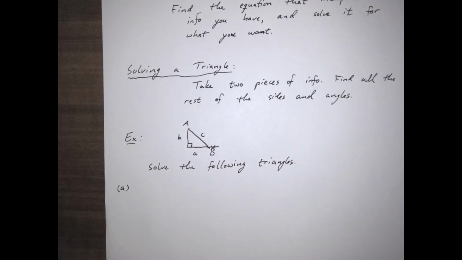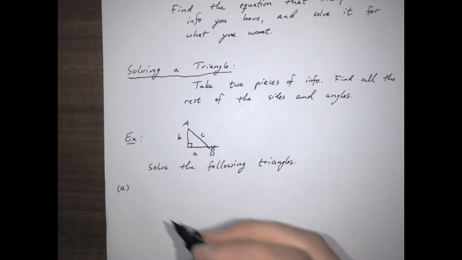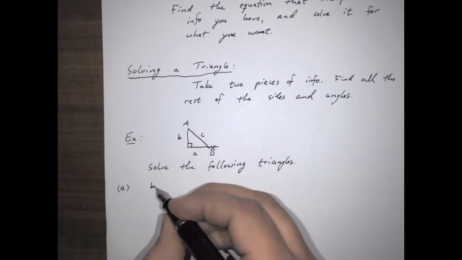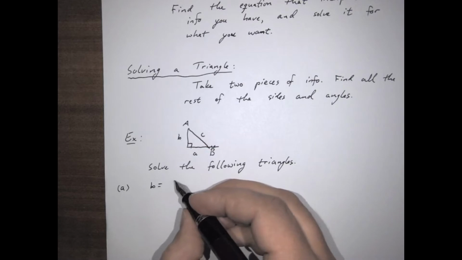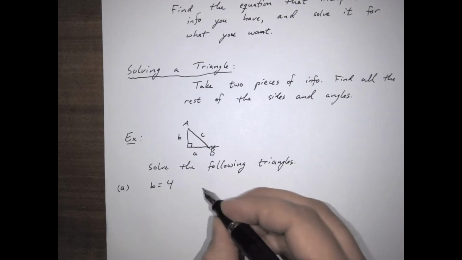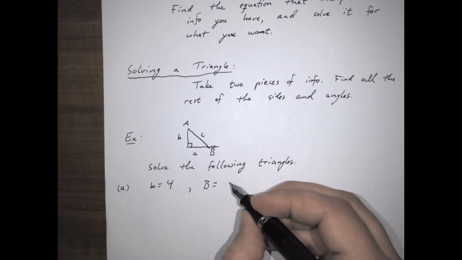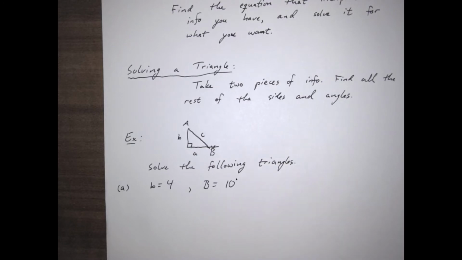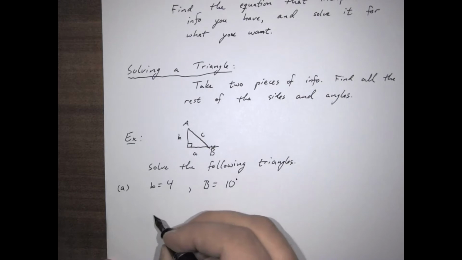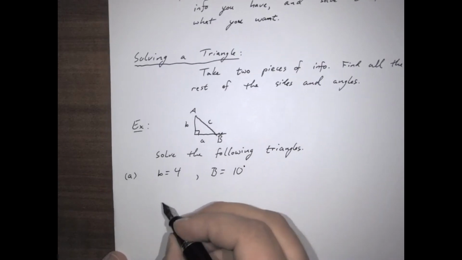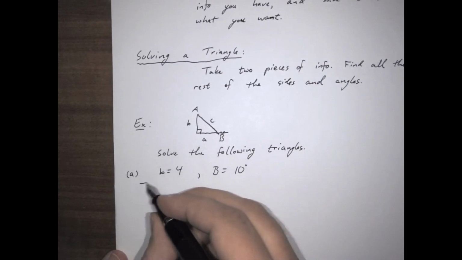So let's say we start with something like this. We are told that little b is equal to 4, big B is equal to 10 degrees. Okay, so let's see what we can do here.